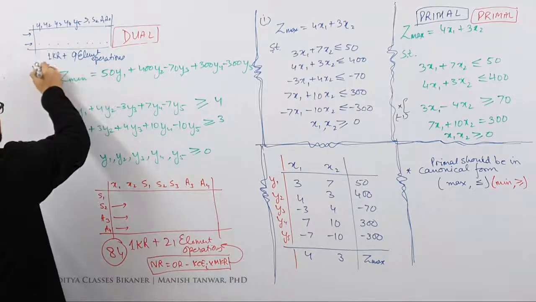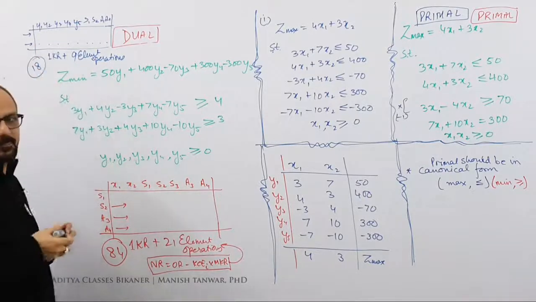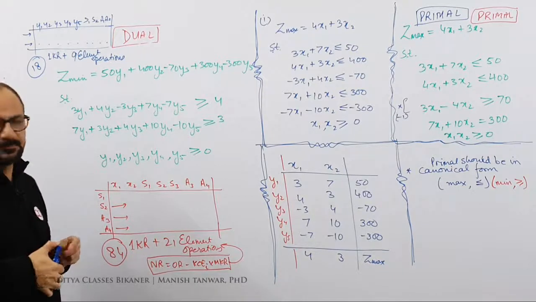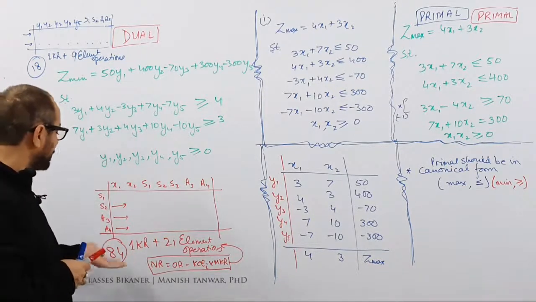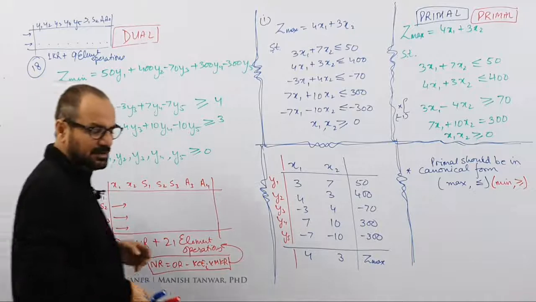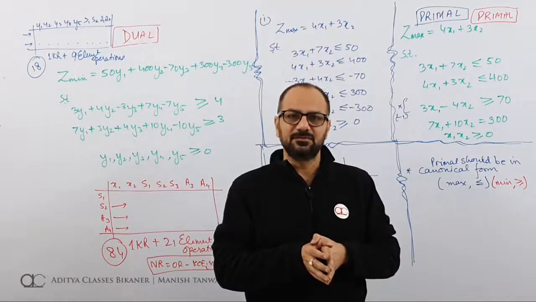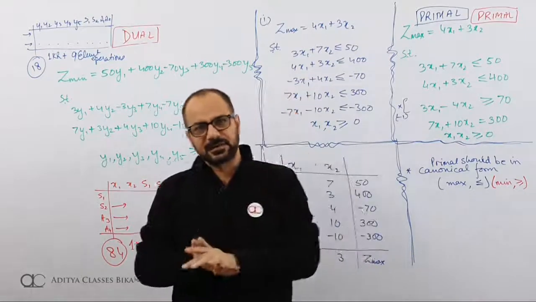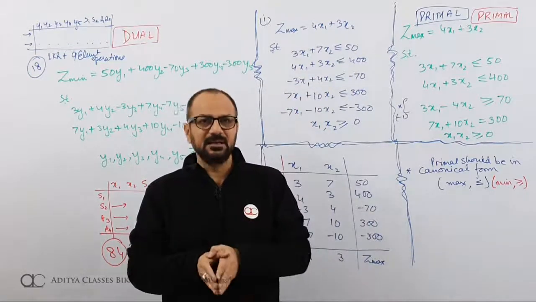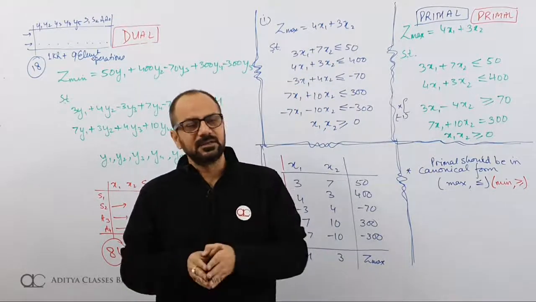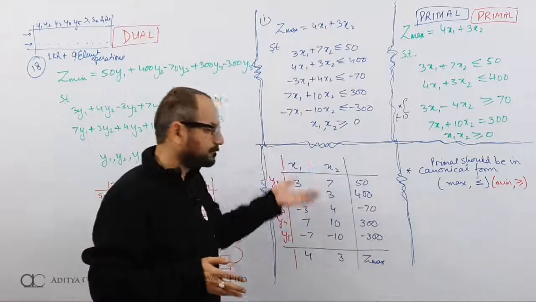Two tables meaning 9 for first table, 9 for second table, 18 element operations. From 84 element operations, I am down to 18 element operations. This is the power of dual. This is the reason why we make use of dual. Yes, there is a shift in perspective also, but mathematically why we go into dual is, this is the reason.